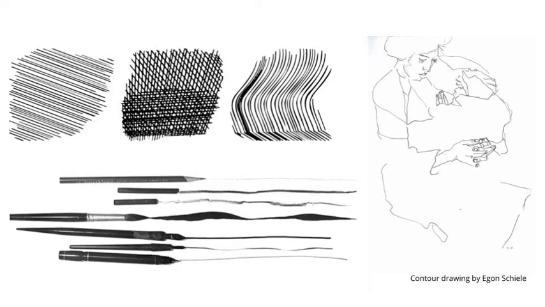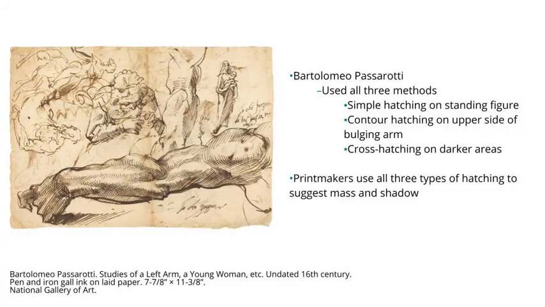But moving on from that, an example of using all three methods of hatching, the hatching, cross-hatching, and contour hatching, is here in this sketch by Bartolomeo Passarotti. And in this, you can see there's simple hatching on the standing figure up in the back, upper right.